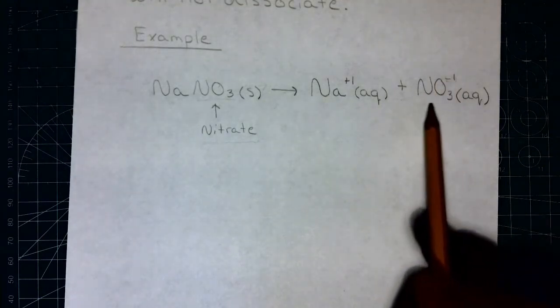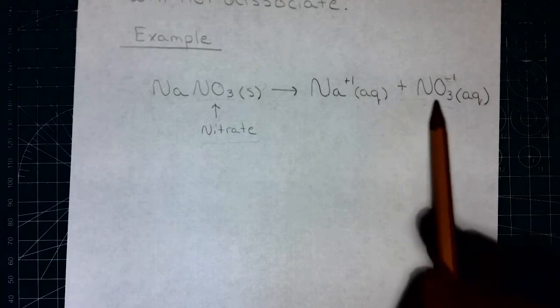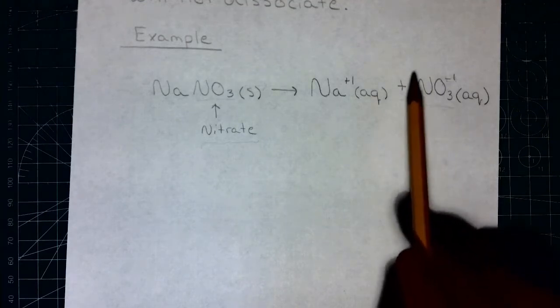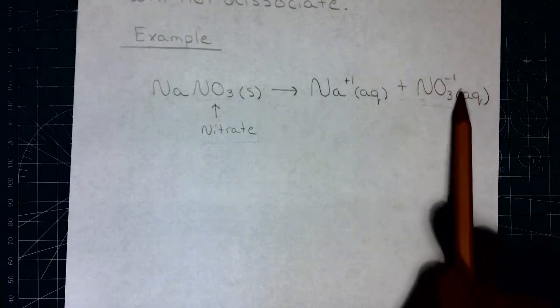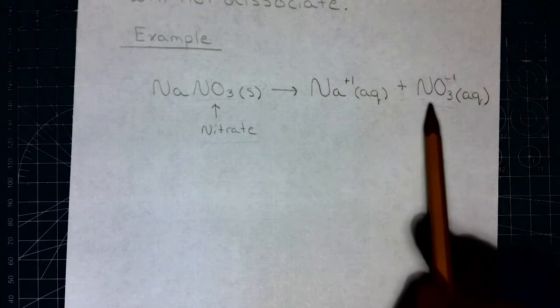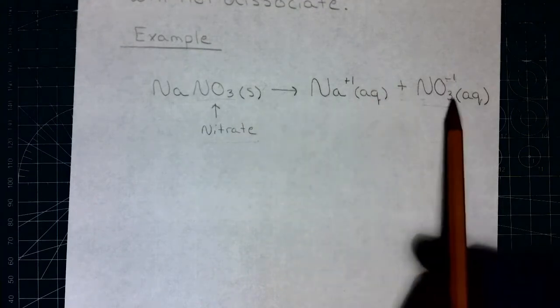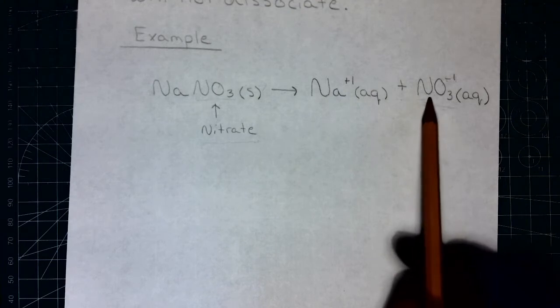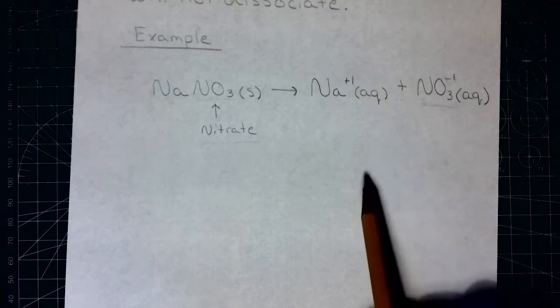So what I was saying is that the nitrate doesn't break down into individual nitrogen and oxygens. It's treated as a single unit. And there's not always a fantastic way that these are written out in the language of chemistry. You really have to recognize the patterns when you have a polyatomic.